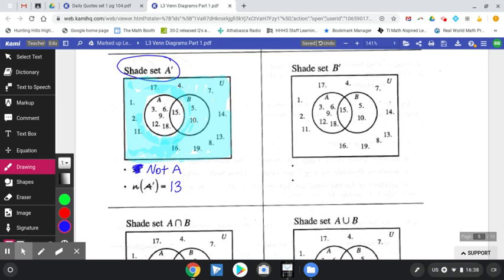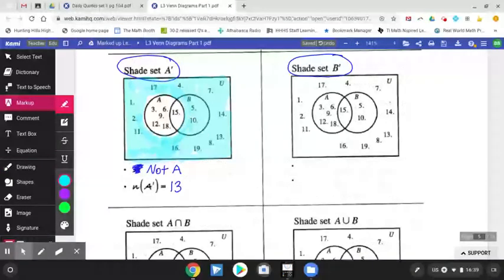Again, you could definitely hit pause here and try the next one on your own. This one says to shade set complement B. That means everything that is not in B. I think if anybody was having problems with the complement, the Venn diagrams really do help to let you see what we mean by complement.